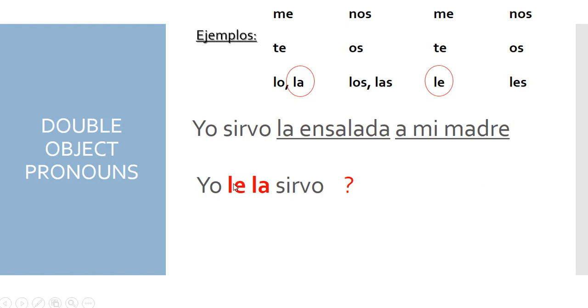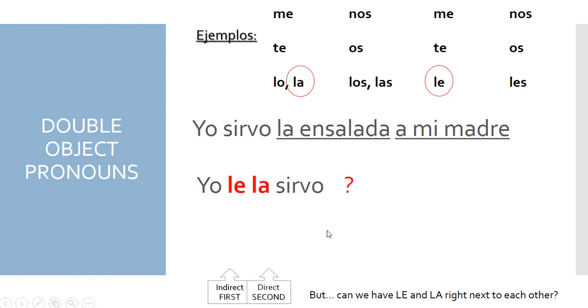Do you say le la sirvo? We cannot have one of these two with one of those four together right next to each other. We can't. So we're going to do yo se la sirvo. This means I serve it, the salad. The direct object, when you're changing both of them, is never going to change.